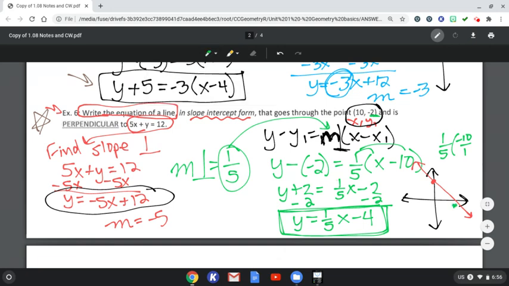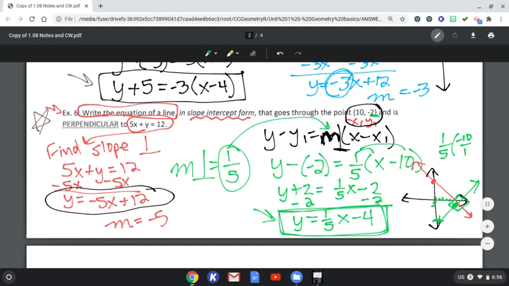So if we go 10 over and down 2 boxes, let's say it's about there on our graph. We want a new line that goes through that point and is perpendicular to the line given. So my sketch is a little bit off, but we found this line here, y equals a fifth x minus 4, has positive slope, and it goes through that ordered pair and crosses the y-axis down 4.